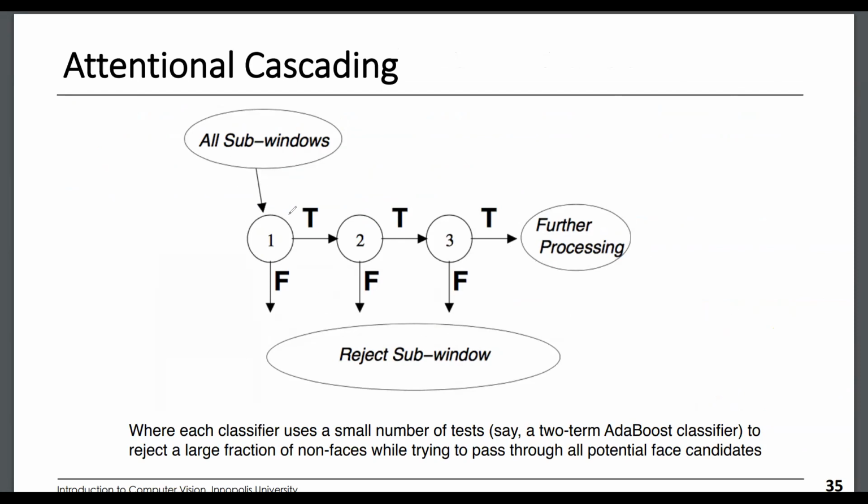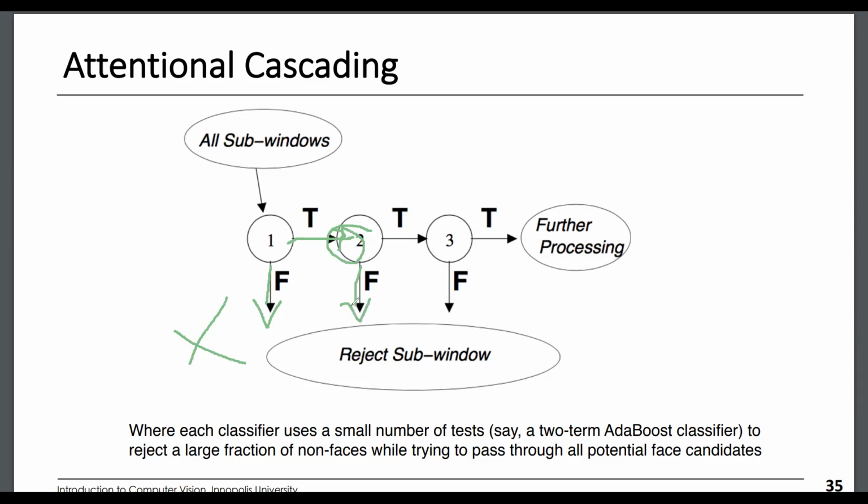If the first classifier with only one feature tells us this is not a face, we reject this window and move on. If it tells us it is a face, then we doubt it and confirm with a more complicated model that has more features.